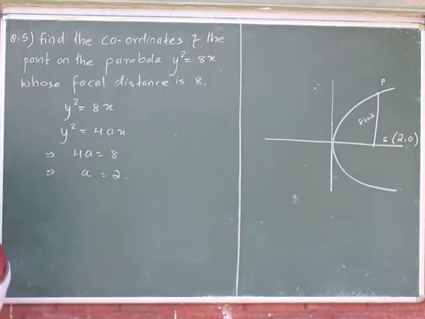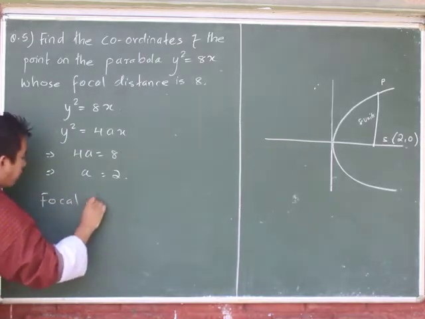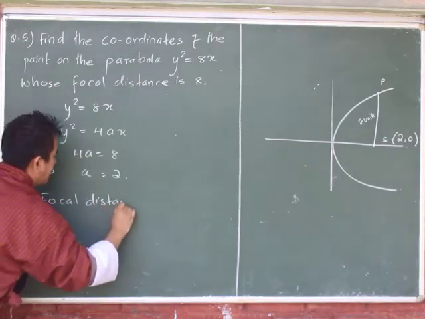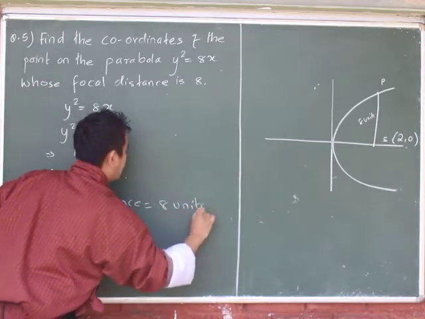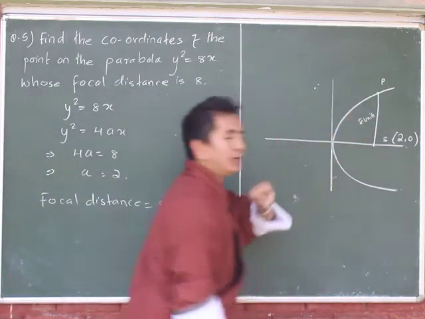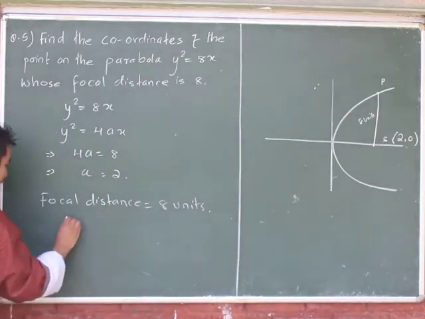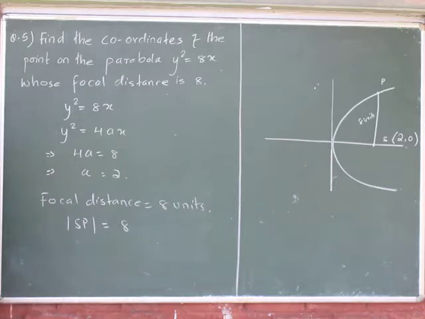Now, as per the condition, they have given the focal distance as 8 units. What is this focal distance? S to P is the focal distance. So modulus of SP is given as 8 units.